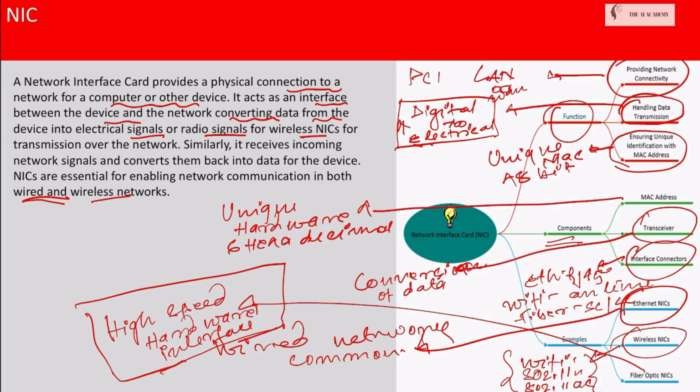The MAC address ensures unique identification, the transceiver handles data transmission and reception, and the interface connectors link the NIC to the network medium. Different types of NICs, including Ethernet NICs, wireless NICs, and fiber optic NICs, cater to various networking needs. Ethernet NICs provide wired connectivity, wireless NICs enable Wi-Fi connections, and fiber optic NICs offer high-speed connections over long distances.